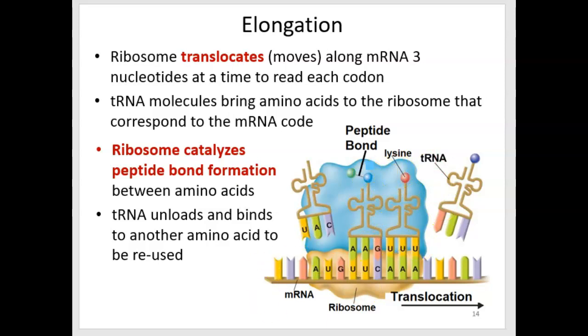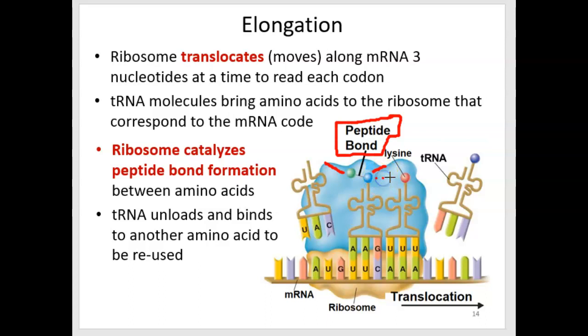In addition, what the ribosome does is it catalyzes the formation of peptide bonds. So when methionine, which is green, first showed up, it was kind of hanging out by itself. And then phenylalanine showed up. The ribosome actually helped form or facilitate the formation of the peptide bond between those 2 amino acids.